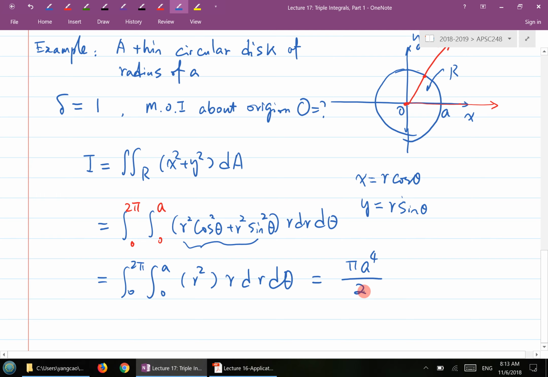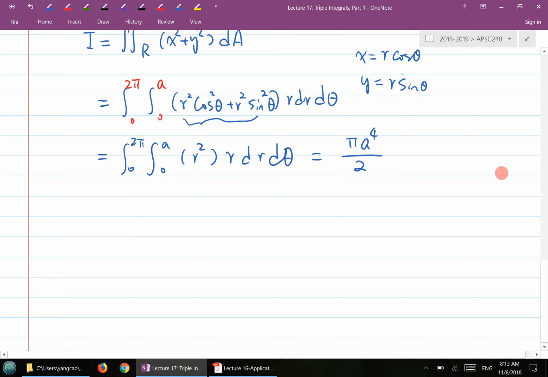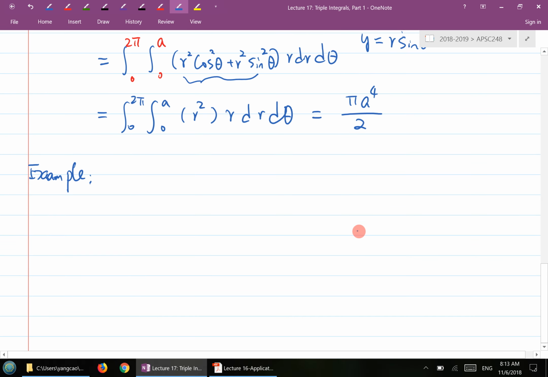Okay, so now let's change this question slightly. The next example. We're going to use the same thin plate, and I'm going to put this thin plate in a 3D perspective.